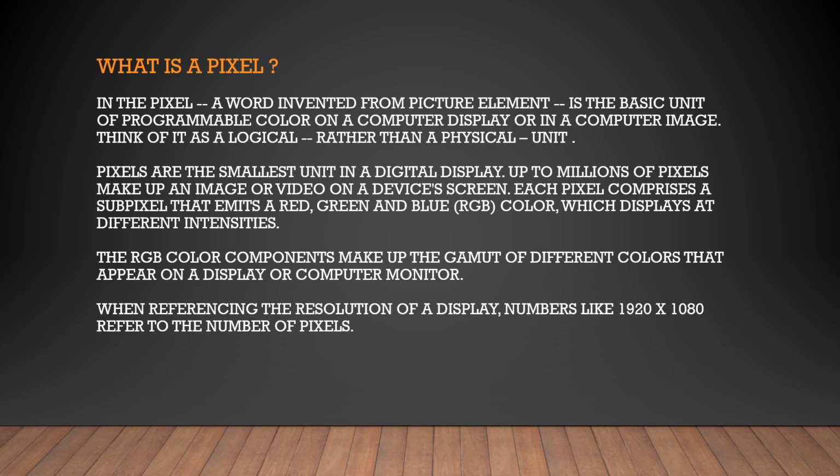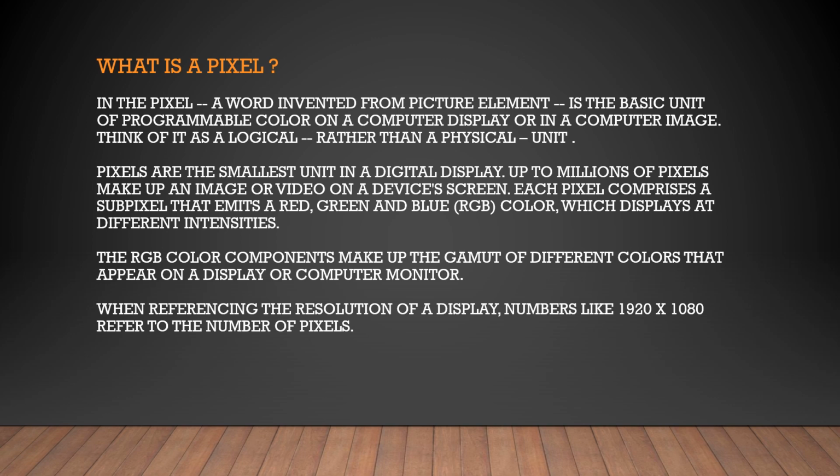Each pixel comprises subpixels that emit red, green and blue, which is known as RGB color. These are the main colors. Out of these colors we frame the remaining colors, which display at different intensities.